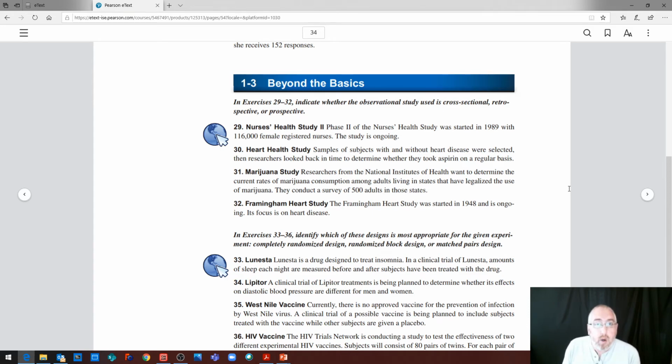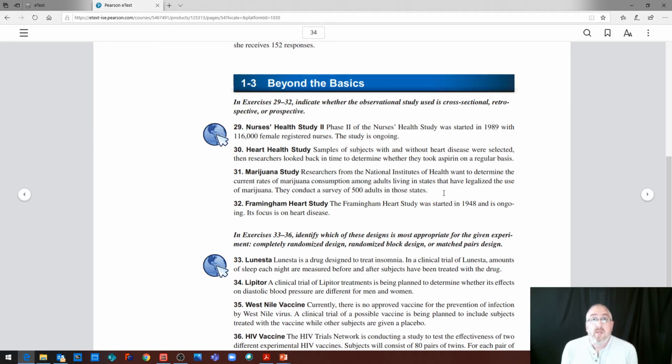Number 31 was also highlighted. Marijuana study. Researchers from the National Institutes of Health want to determine the current rates of marijuana consumption among adults living in the United States that have legalized the use of marijuana. They conduct a survey of 500 adults in those states.